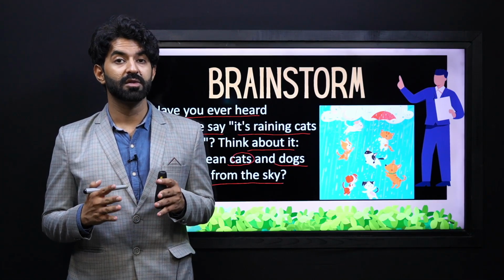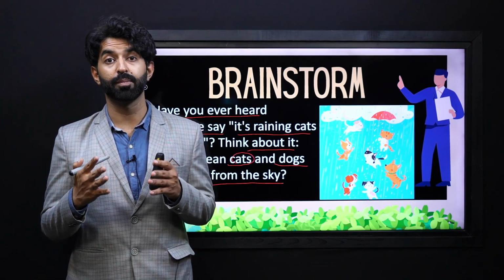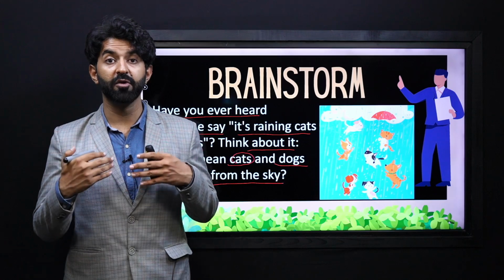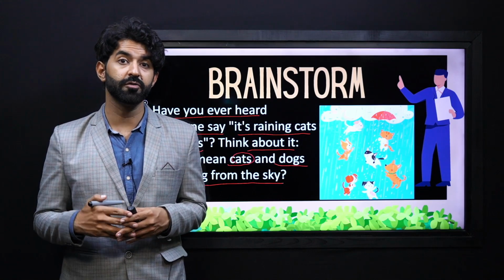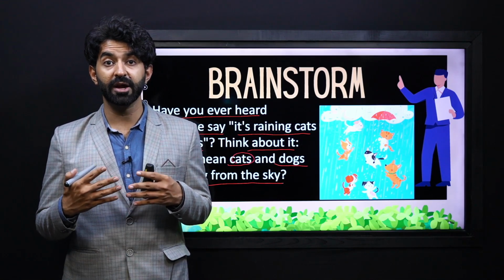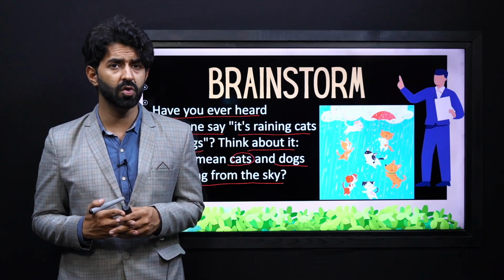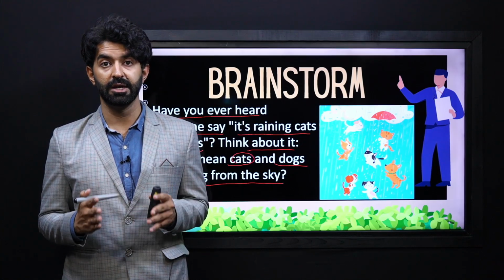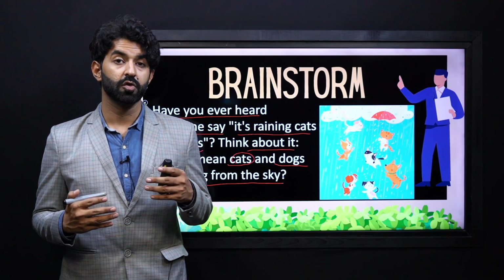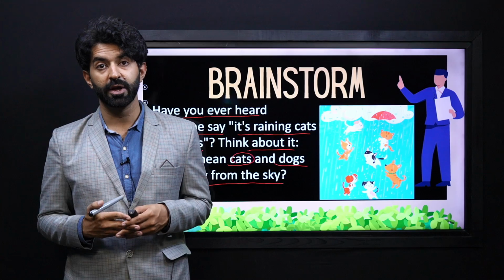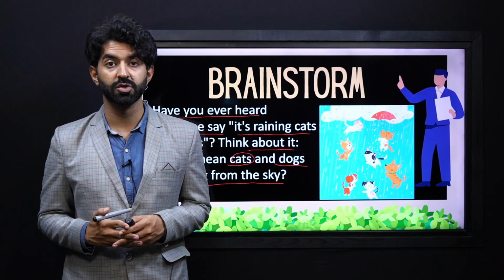It means that something I'm saying has a hidden meaning, an implied meaning, and my words are not to be taken literally. Because if you go outside and expect it to rain cats and dogs, you will be disappointed. So this is an idiom and this is how it works. So think about some other idioms as well that you have heard in your native language or in your English language.